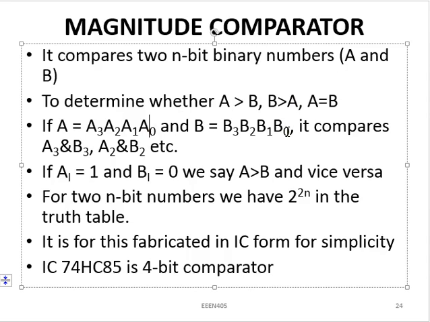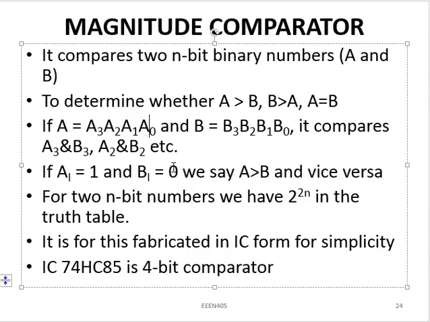And if you have a particular Ai that is 1, but the corresponding Bi is 0, we know that A is greater than B. But if Ai is found to be 0 and Bi is found to be 1, then B is greater than A. But in a situation where you find that Ai and Bi are both equal to 1 or both equal to 0, which means you cannot decide at that point, you have to go to the next level of significance until you find the difference, if any.